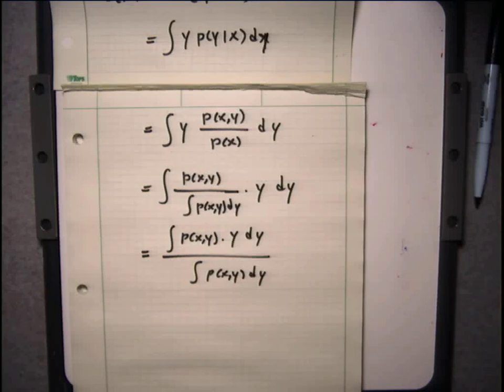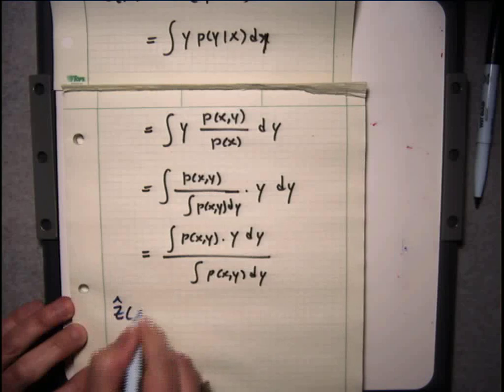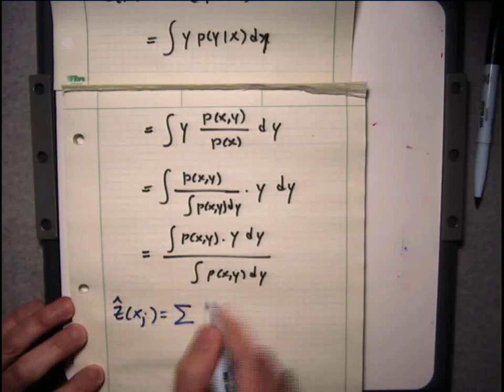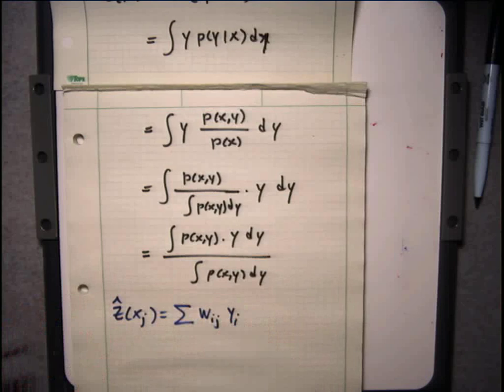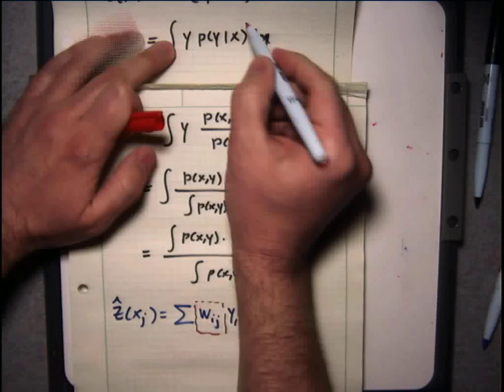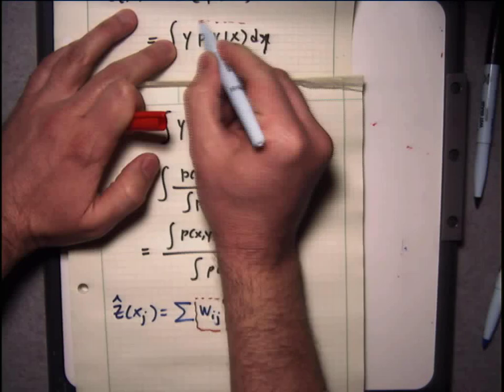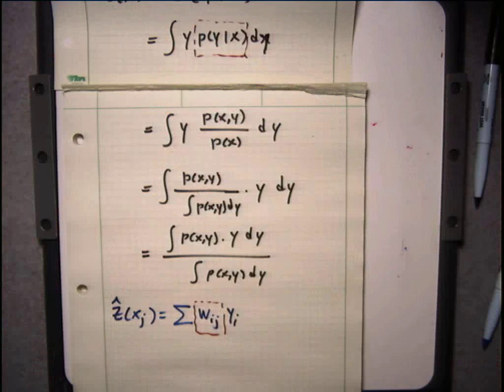All right, so now remember what the formula was for my regression. Z hat of xj is the sum of wij yi, right? Okay, so if you simply compare this expression to this expression, what you see is they're fundamentally the same.